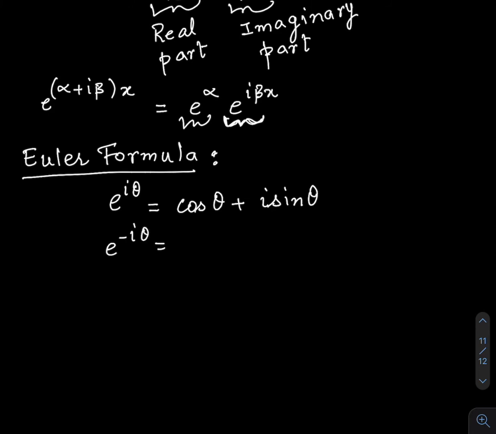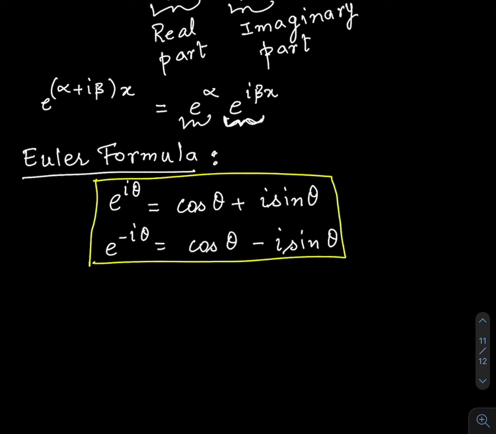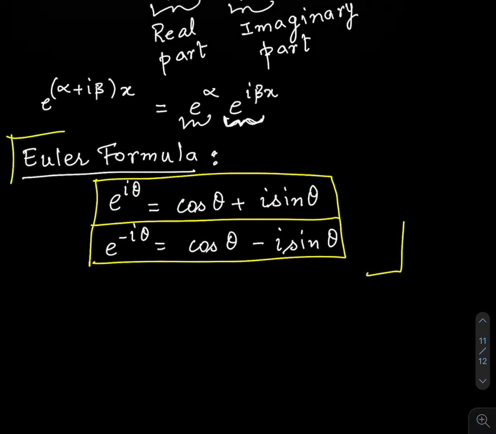If we have e^(negative i theta), we replace i by negative i. So this is what we call the Euler formula, and this tells us how to deal with imaginary powers.